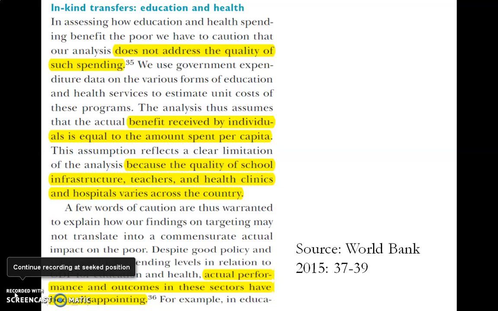But because the quality of school infrastructure, teachers, health clinics and hospitals is so variable across the country, there is no guarantee that the actual performance and outcomes will be as we expect. And what has happened is that it has been quite disappointing. The funds that have been put in have not translated into outputs that are an improvement in the outcomes.